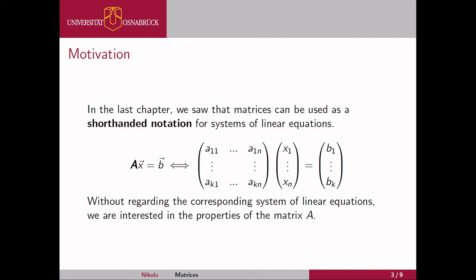Additionally, there are of course the variables x1 to xn and the solutions b1 to bk. However, those are not defining the problem. Those are just giving the framework of the problem. Whether there's a solution or not to a system of linear equations is determined by the coefficients a.